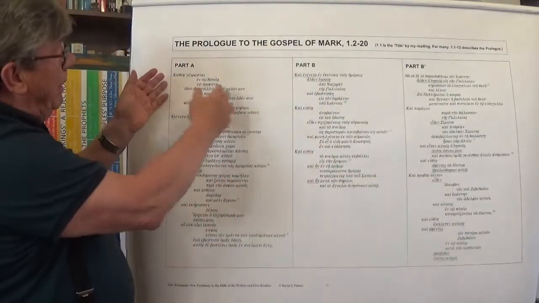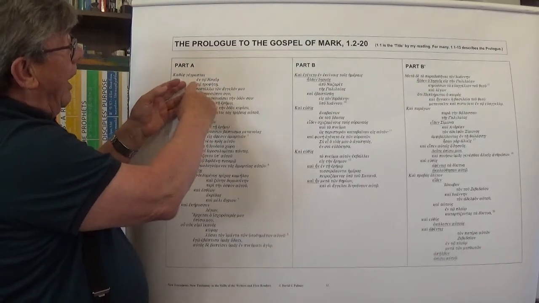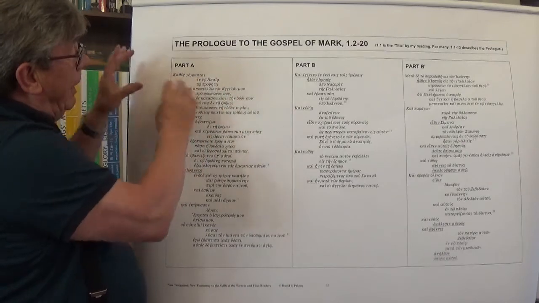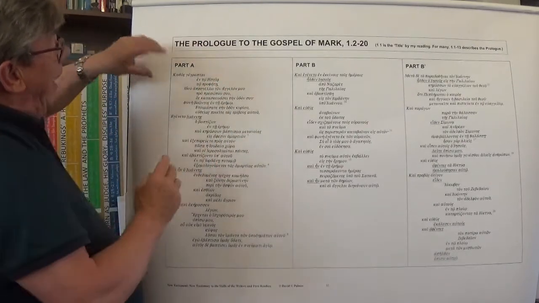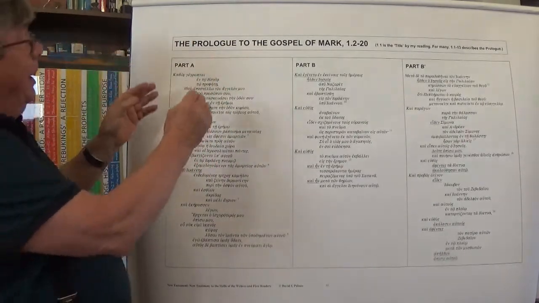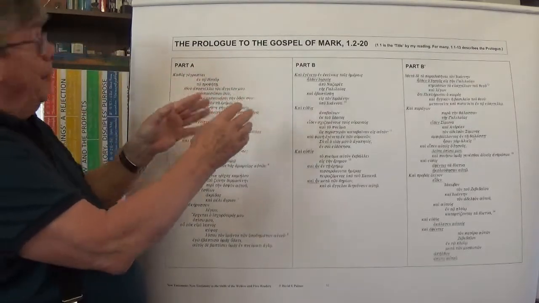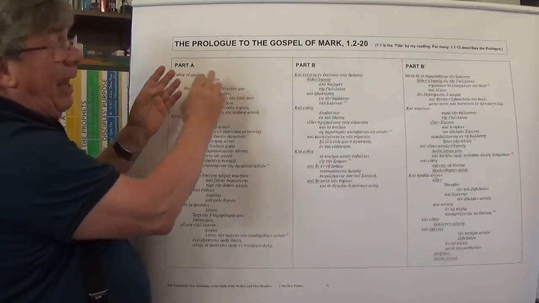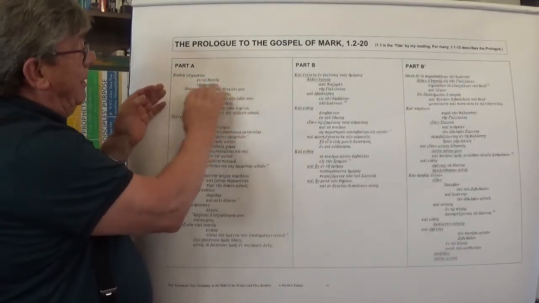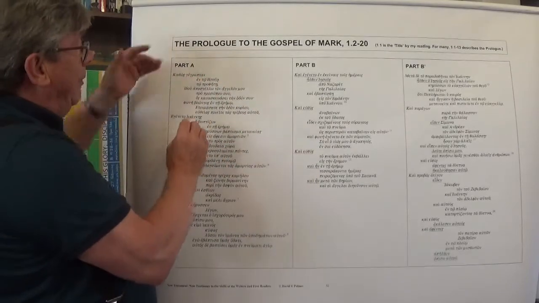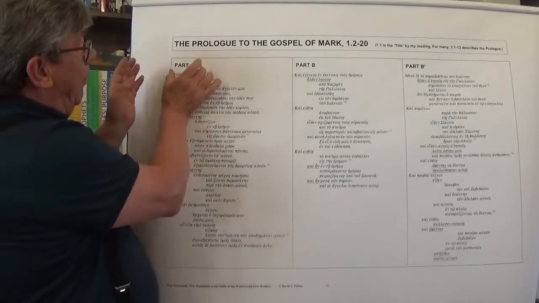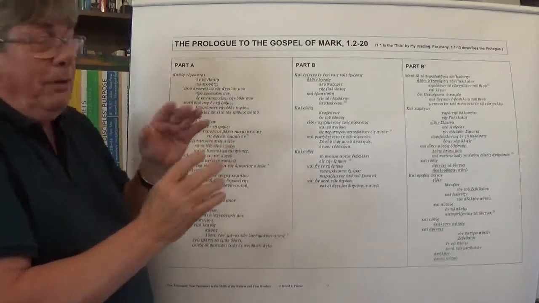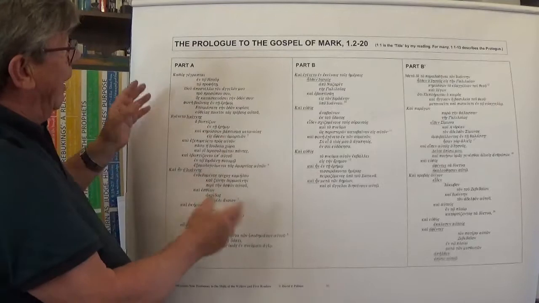So in the opening piece, kathos gegraptai en to Isaia to prophete, here is a part, as it is written, and that's a part, in Isaiah, that's a part, the prophet. It could have just read as it is written in Isaiah. It didn't need this word, but the writer puts it in. So it's actually three parts: an opening, first development, and second development. And so we can go through the whole text in that way.